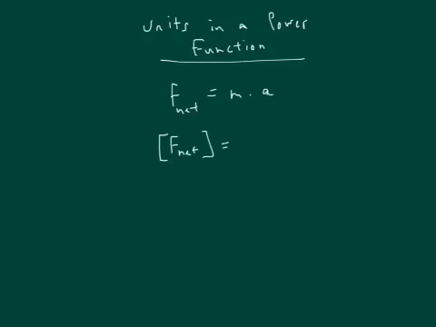So the units of the force, the unbalanced force, are equal to the units of mass times the units of acceleration. And of course we know that's true because the units of F net is Newton, and 1 Newton is equal to a kilogram times a meter per second squared. So that's the first note about units. We express the units using brackets.